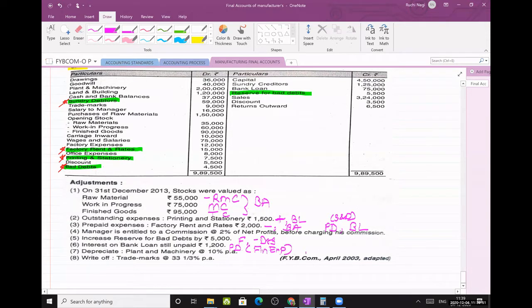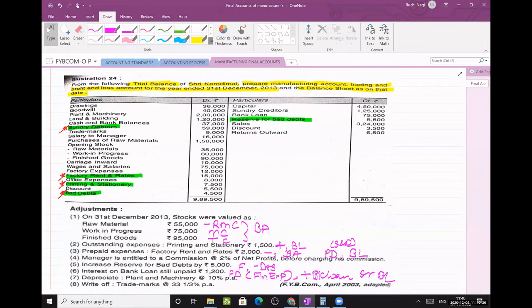And the second effect, since it is unpaid, you can add it to bank loan, or you can separately show it as balance sheet liability, interest on bank loan. Clear? Either one, not all three. P&L debit financial expense is certain, this entry will come. Second effect, add to bank loan, or you can separately show it. Now bank loan is there in the question, so I'll put a tick mark to bank loan, and a star mark since it is having an adjustment.